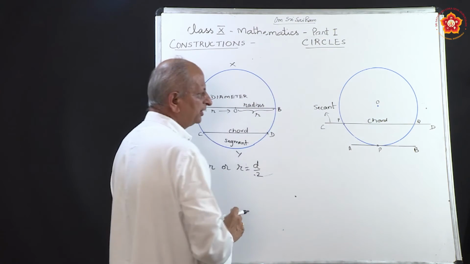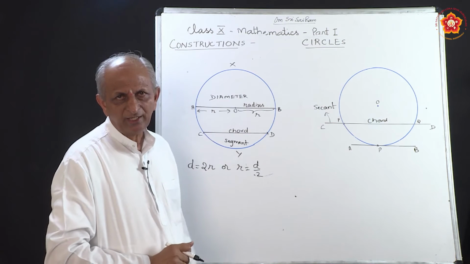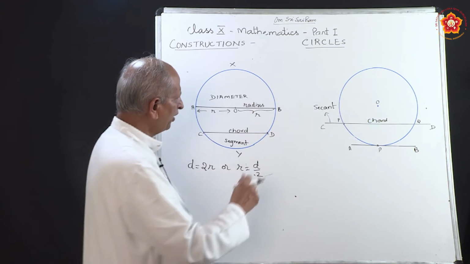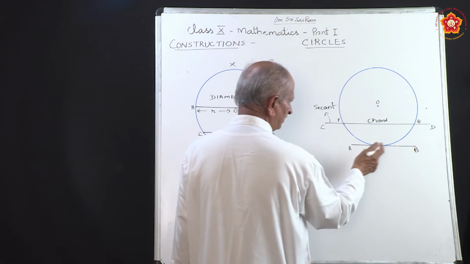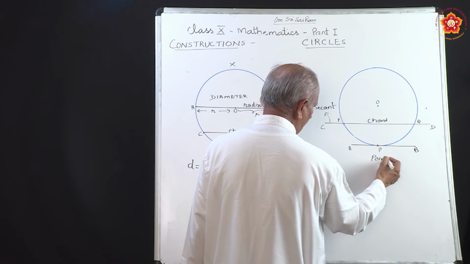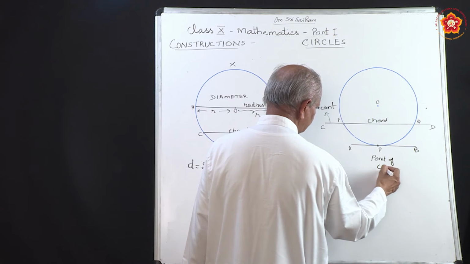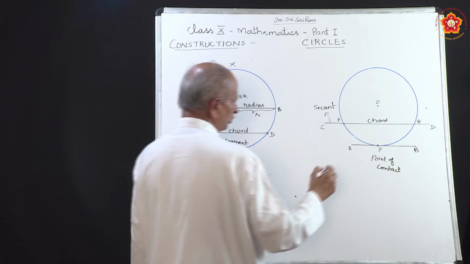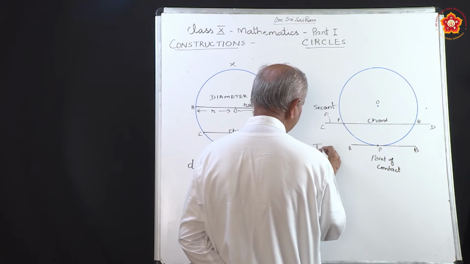How many secants can you draw in a given circle? Any number of secants. And at one point, the secant touches the circle at only one point, and that point is called point of contact. At this point, the secant becomes a tangent.